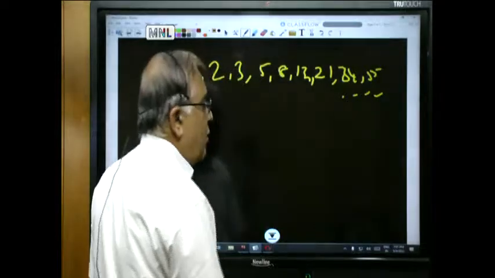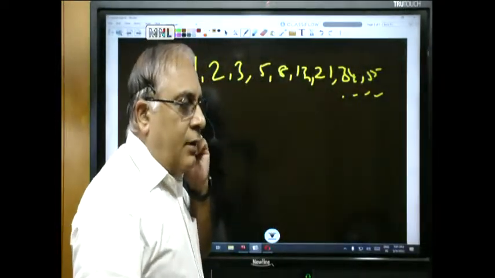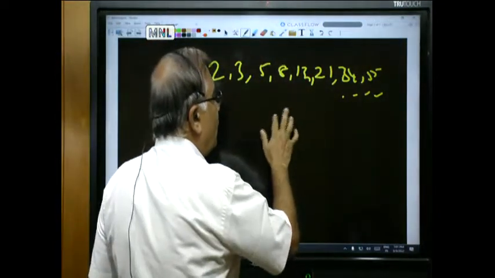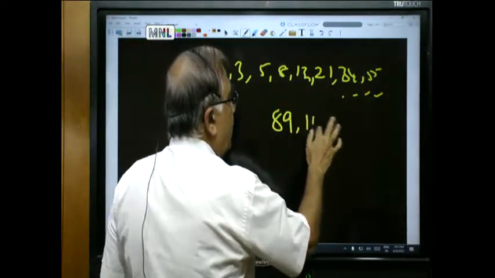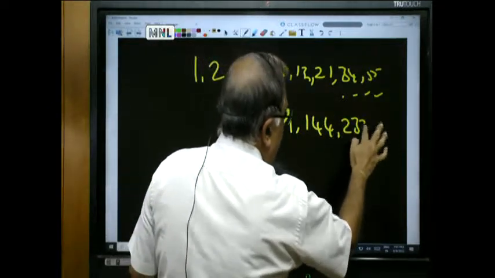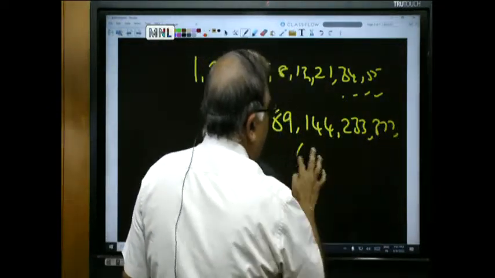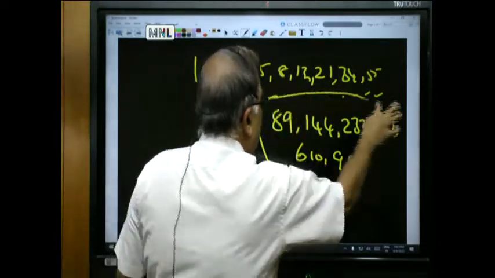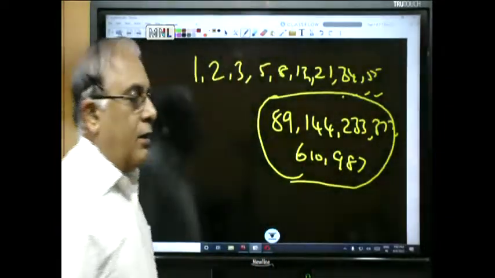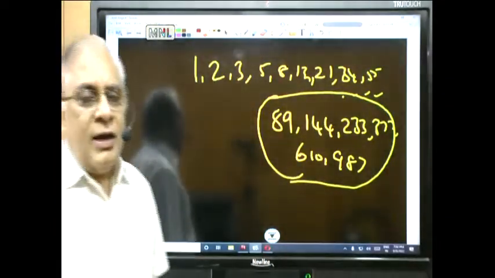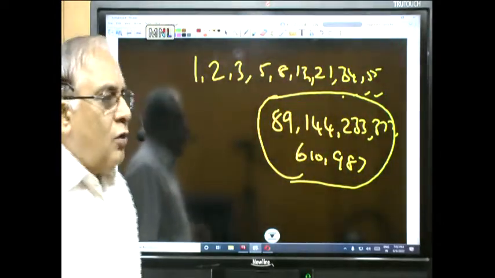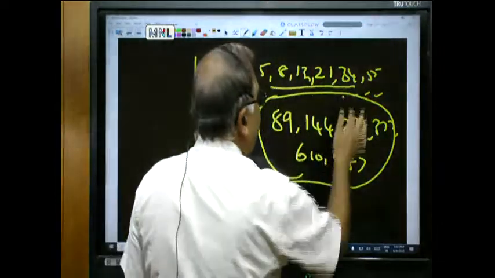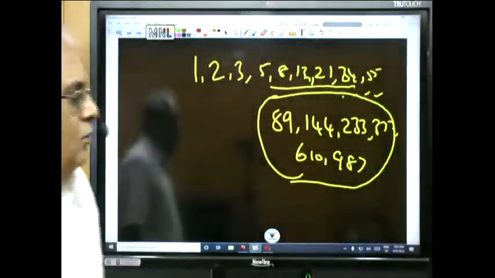And right now, because we are having 5 digits as far as Nifty is concerned, we will probably be interested in levels like 89, 144, 233, 377, 610, 987. So these are the numbers we may be using in Nifty because of its higher digits. If it is a lower number, where a stock is trading in hundreds, we will be using these type of numbers.